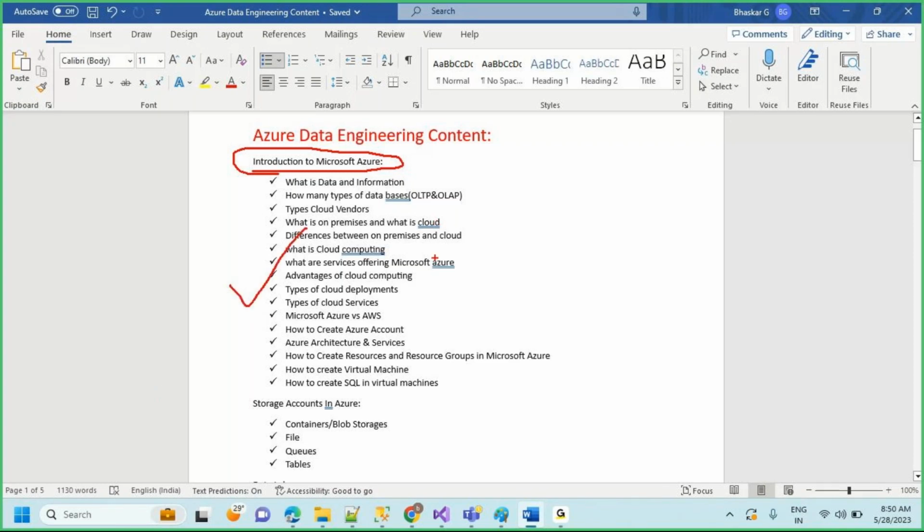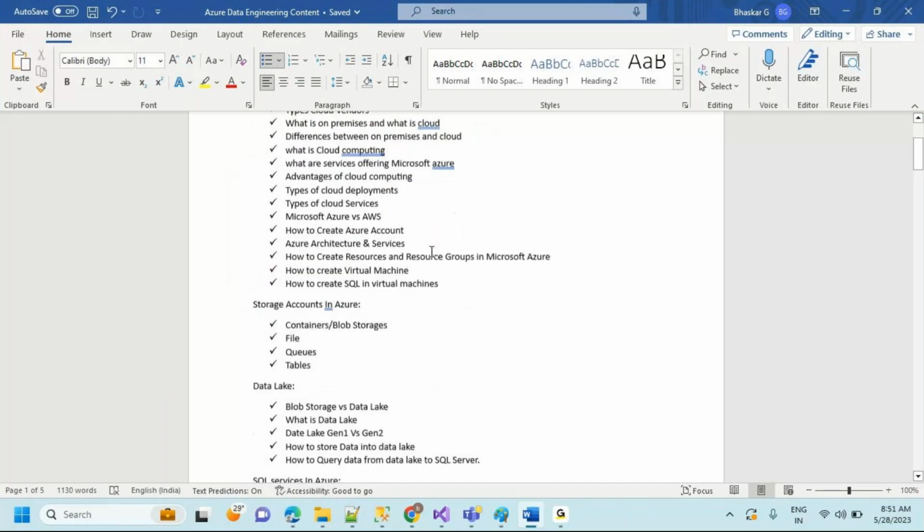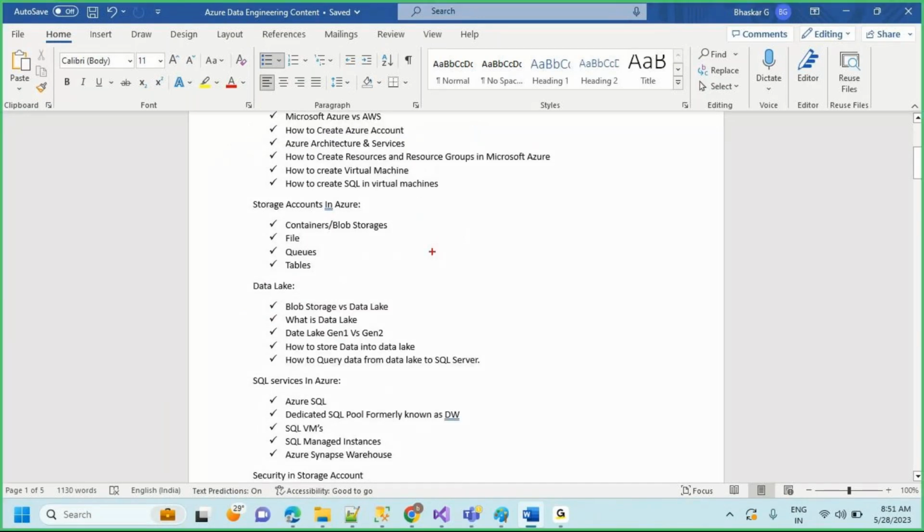I told you we are going to store the data, so we need to know about storage. Storage is required and processing is required. So how can we store the data on the Azure platform? Azure Data Factory is not a storage service.